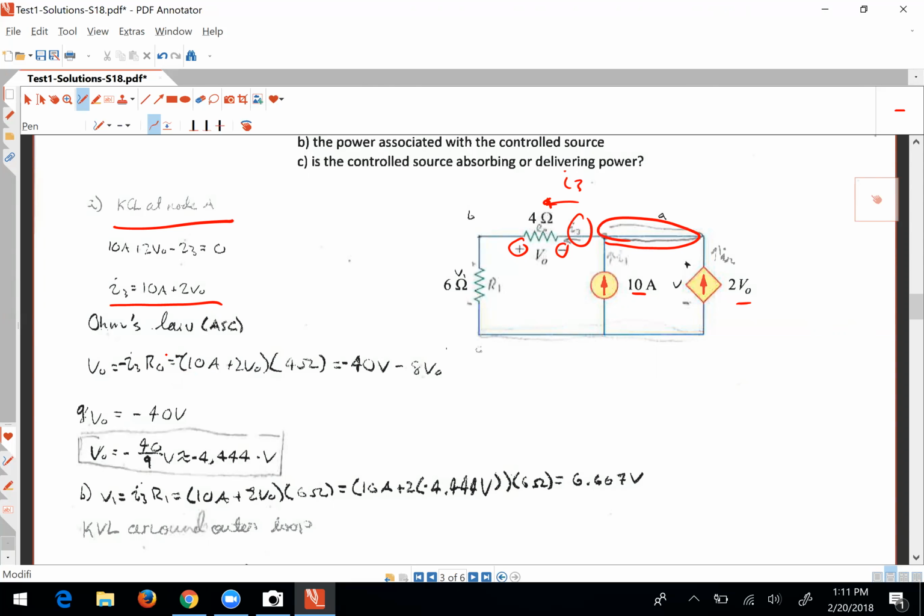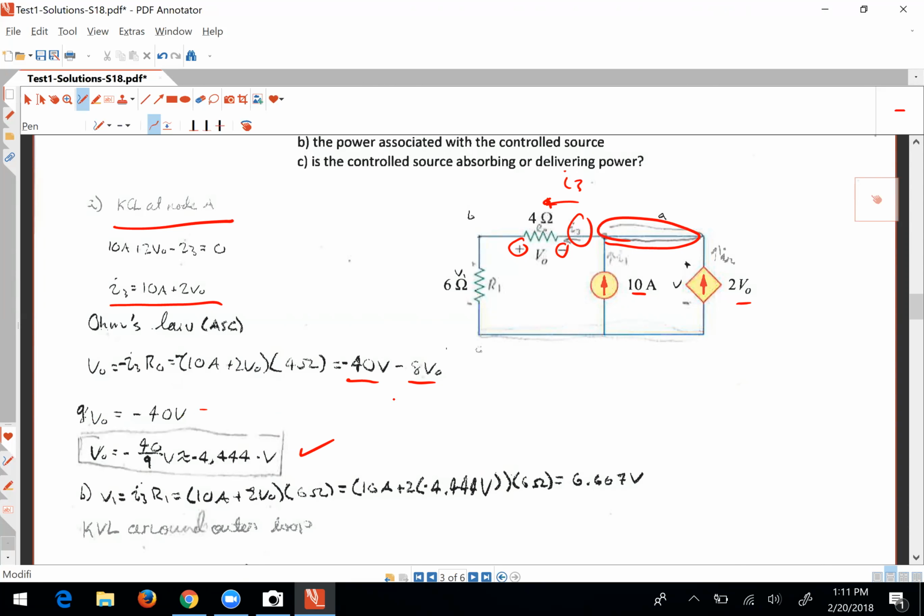That means minus the value you just figured out, minus 10A plus 2 VO times 4. That gives you a nice equation that basically allows you to solve for VO. So basically VO equals minus 40 volts minus 8 VO. So 9 VO equals minus 40 volts. VO equals minus 4.44. And that's your VO.